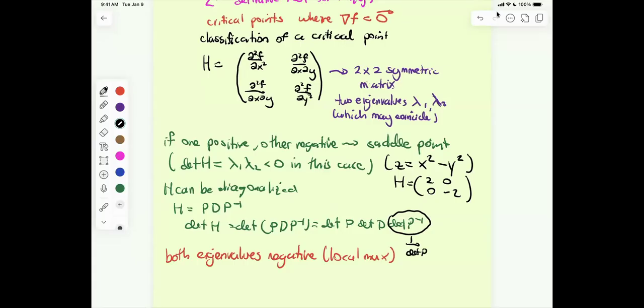In the diagonalization, what goes into this diagonal are the eigenvalues themselves. So that gives you the determinant of D, which is just the product of the eigenvalues.